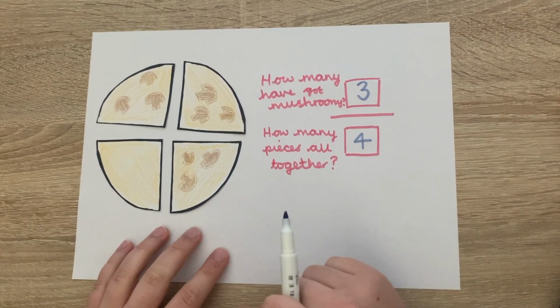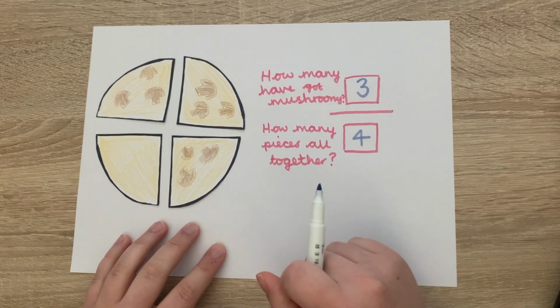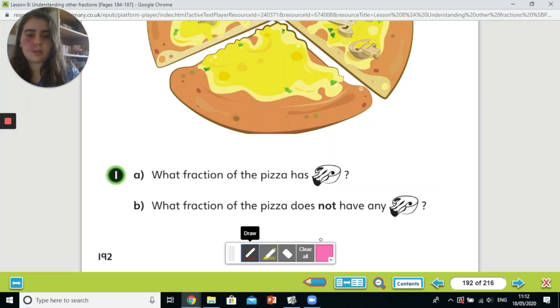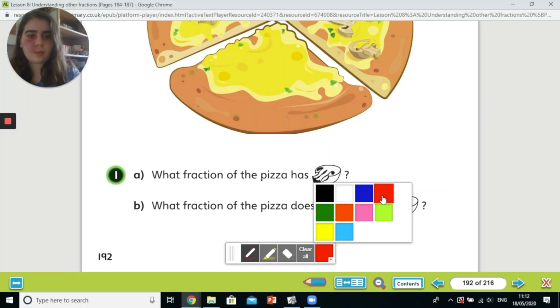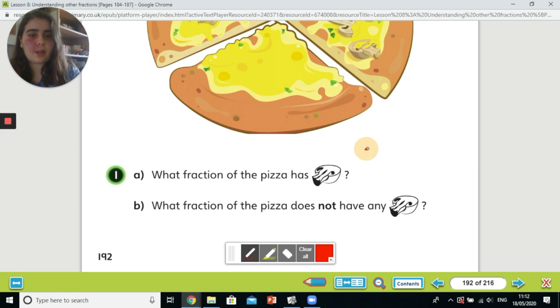So what fraction of the pizza has not got mushrooms on it? So we found out that 3/4 of our pizza has got mushrooms on it. And the fraction of the pizza that does not have any mushrooms is 1/4.